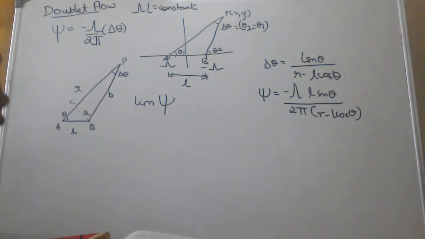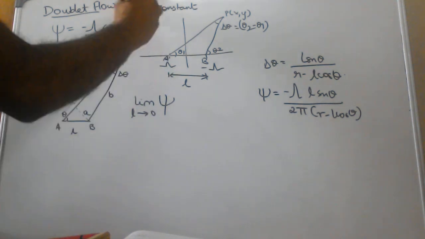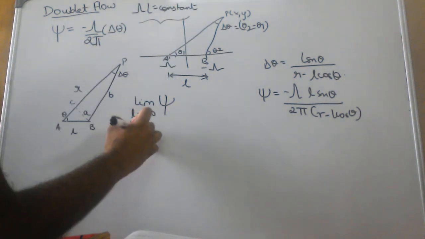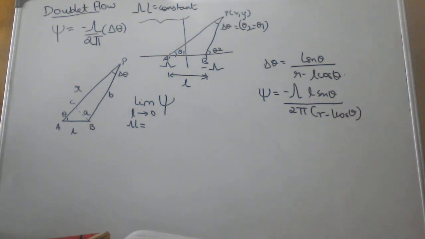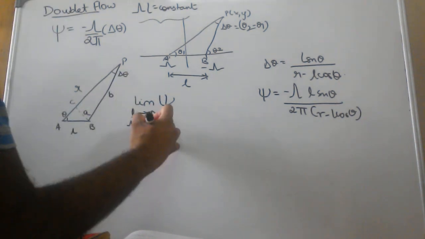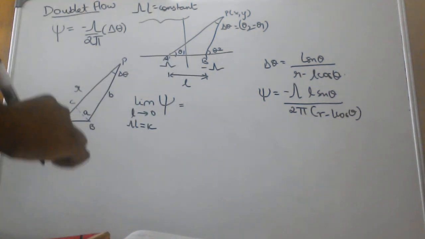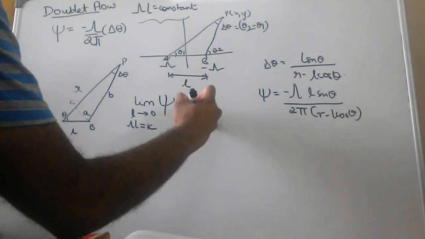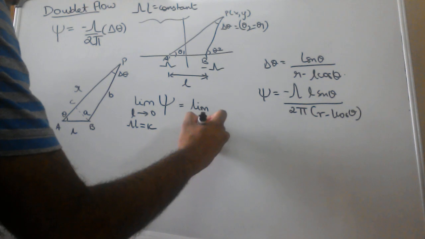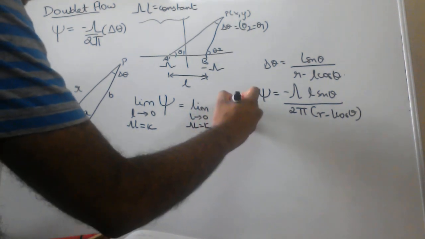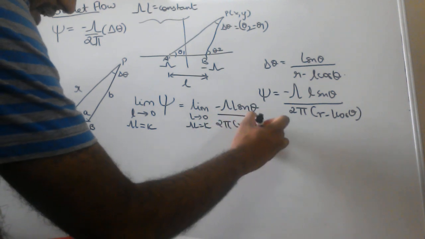of the stream function as L approaches 0 while keeping lambda L a constant. Let me, as per convention, call this constant kappa. So now on applying the limit, we get the limit as L tending to 0 of minus lambda L sine theta by 2 pi into R minus L cos theta.